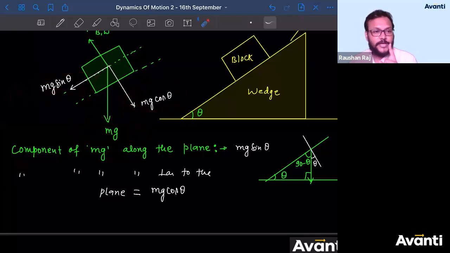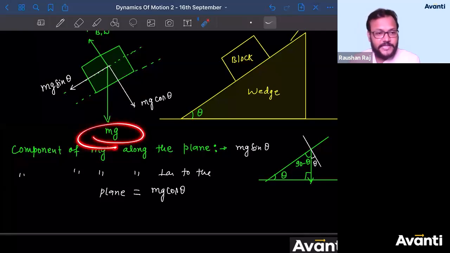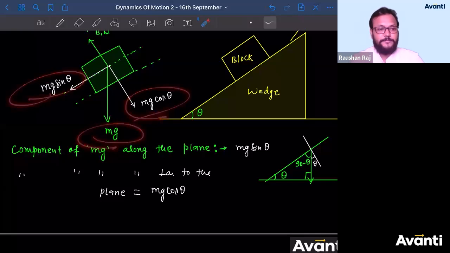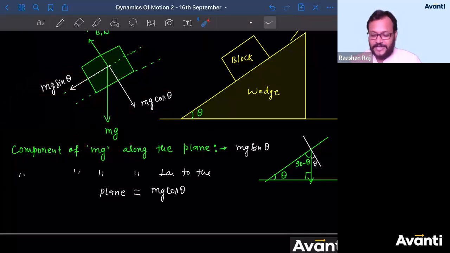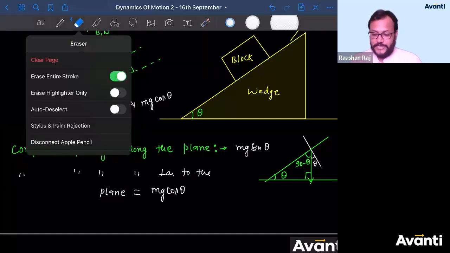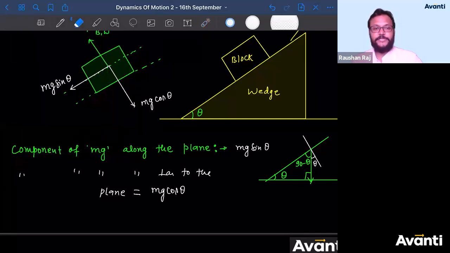If you're drawing the free body diagram, and if you're representing mg also, mg cos theta, mg sin theta also, then the free body diagram of yours will be wrong. Why? Because you have taken mg twice. So if you're drawing free body diagram, either you draw only mg, or you draw these two.